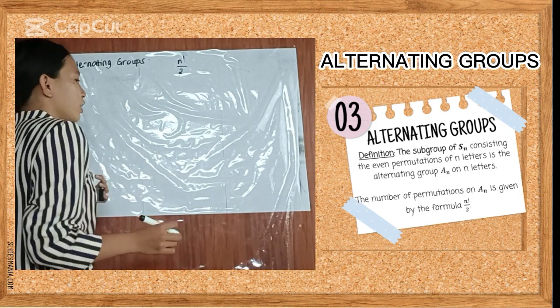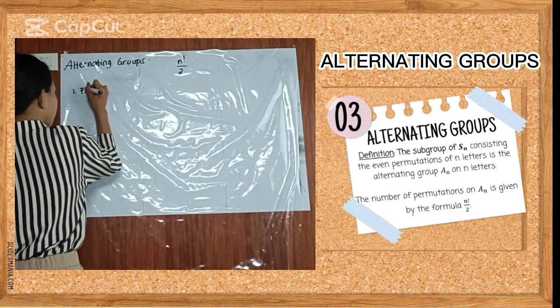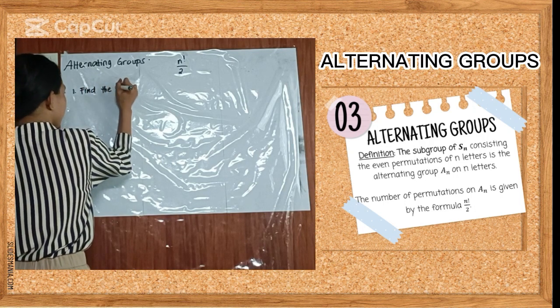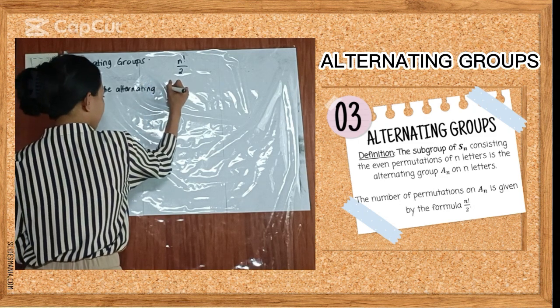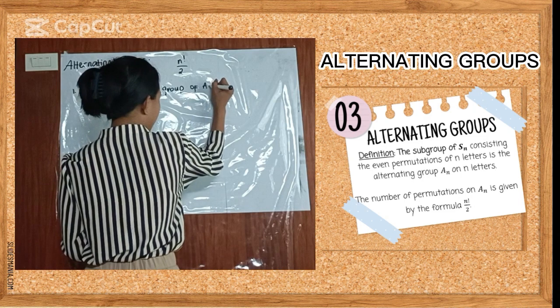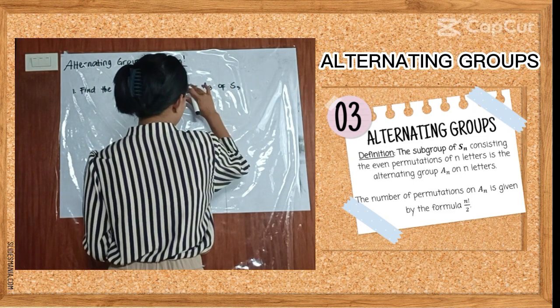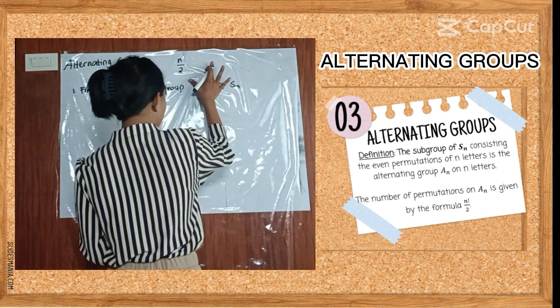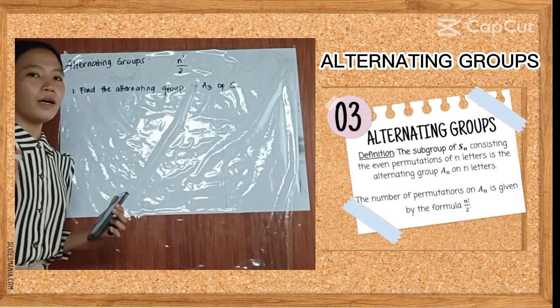Number 1, find the alternating group A sub 3 of S sub 3.